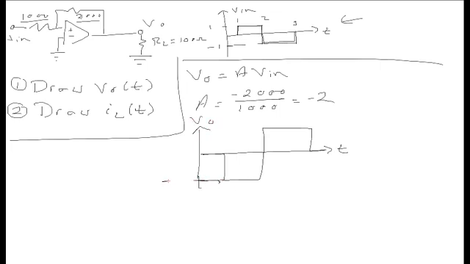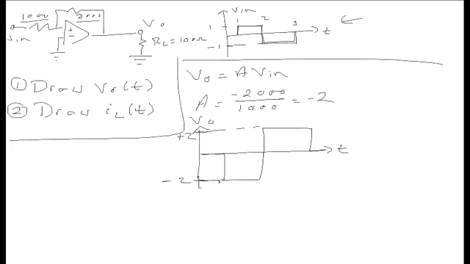This then becomes negative 2, and this positive 2. So the key here is that I was able to use everything I know about the inverting op-amp to avoid having to worry about anything that I'm doing regarding writing down the expressions again. I already know what the gain is.